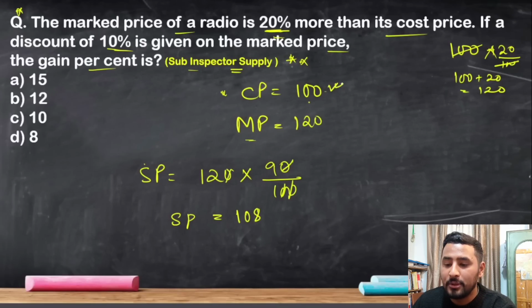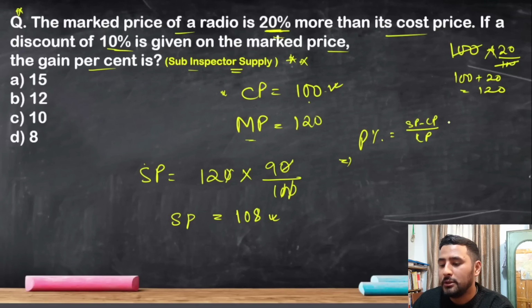Now we have the cost price and selling price. Use the profit percent formula. Gain percent is profit percent: SP minus CP by CP into 100. Our SP is 108. CP is 100.